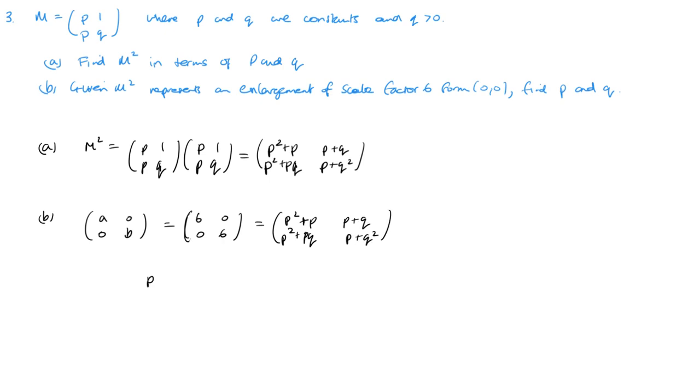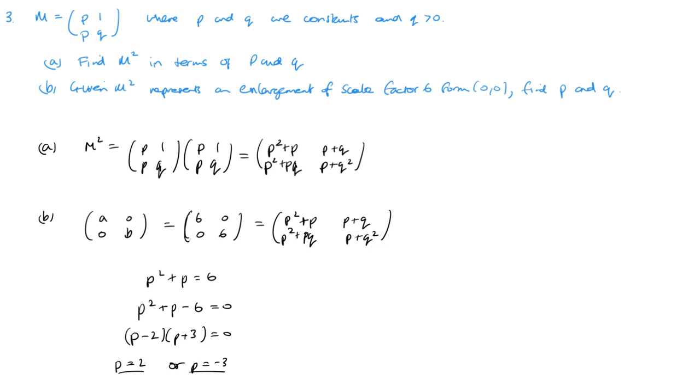So P squared plus P equals 6. P squared plus P minus 6 equals 0. This is going to be 2 and 3. That'll be negative, that'll be plus. So P equals 2 or P equals negative 3.